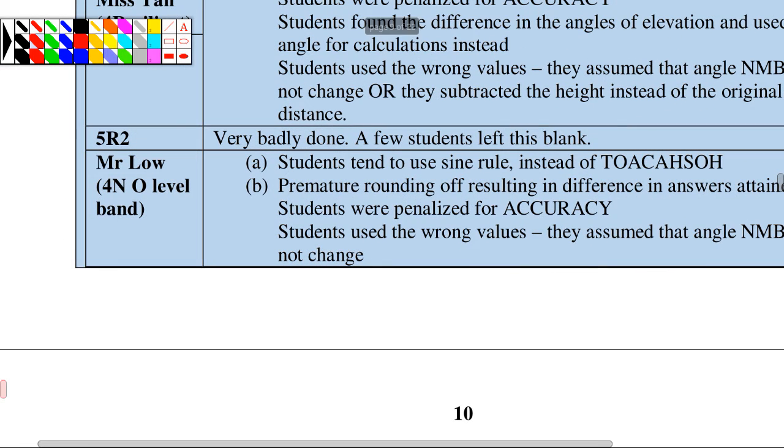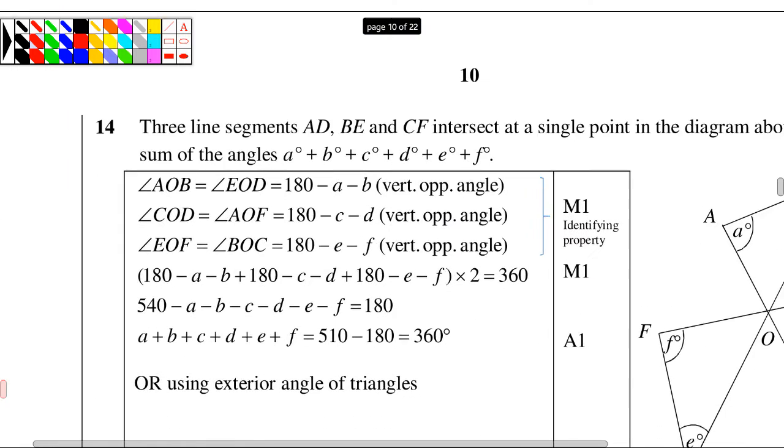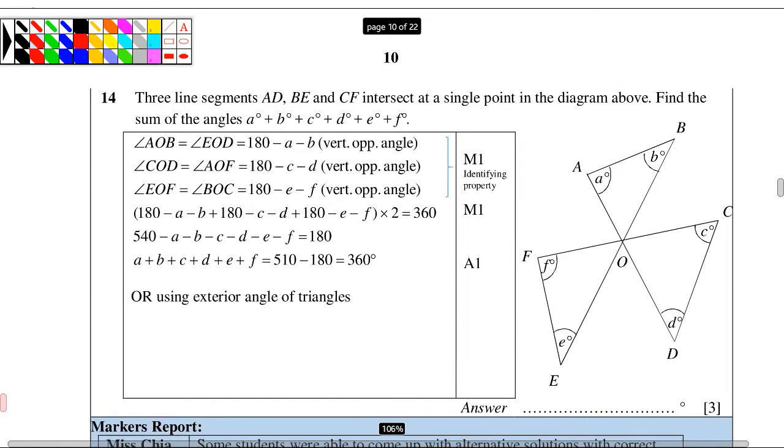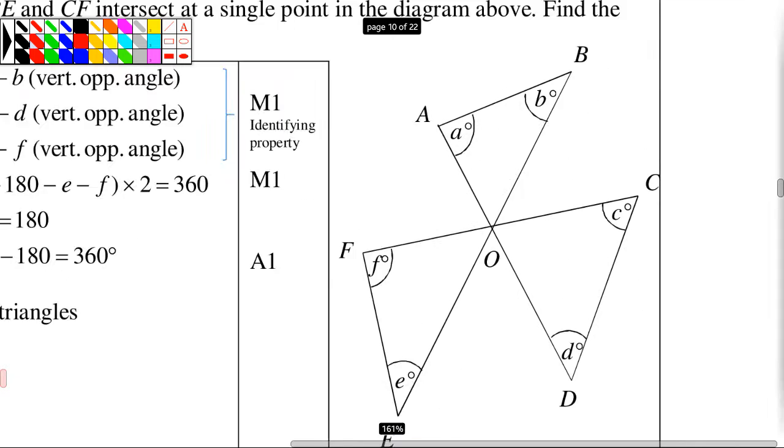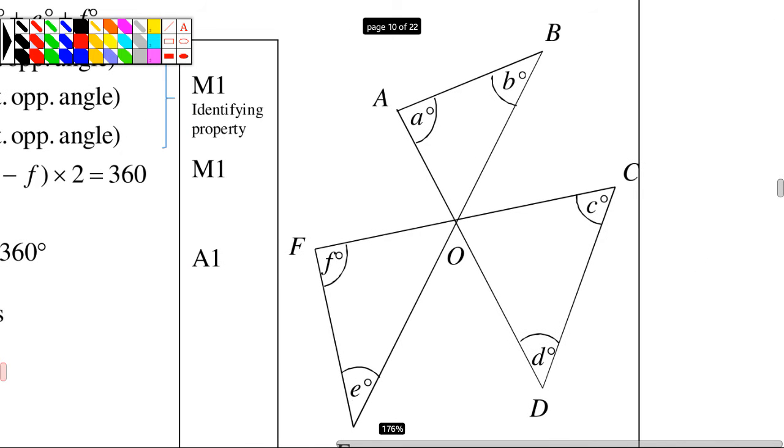Students tend to use sine rule, which is fine. Hey, this one how to do? Wow, 3 marks. Let's try and understand this. Number one, how do you even start to do this question?